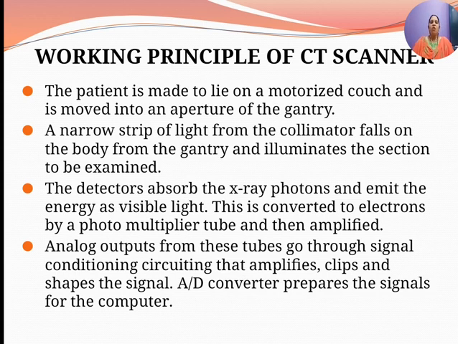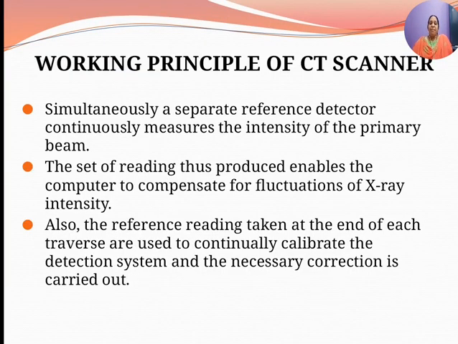So analog output from these tubes goes through signal conditioning circuits like amplification or clipping or shaping the signal. Then the A to D converter prepares the signal for the computer. Simultaneously, a separate reference detector continuously measures the intensity of the primary beam.